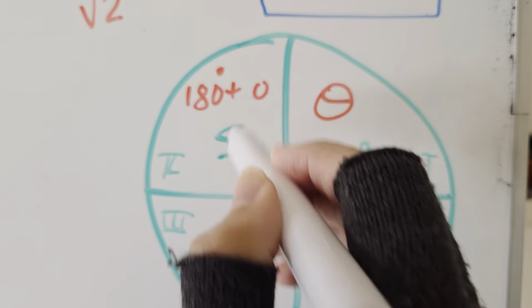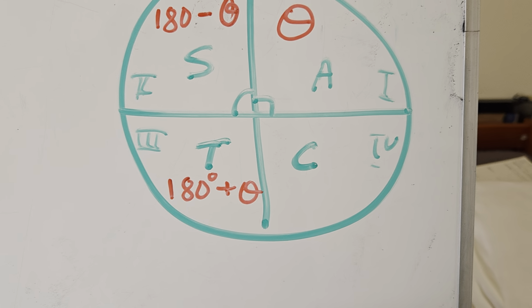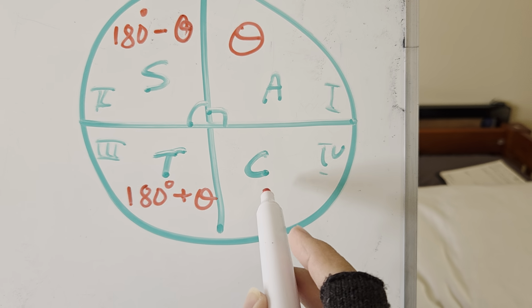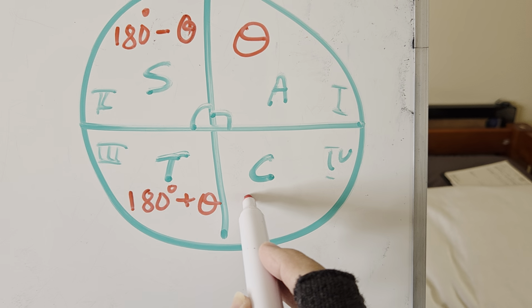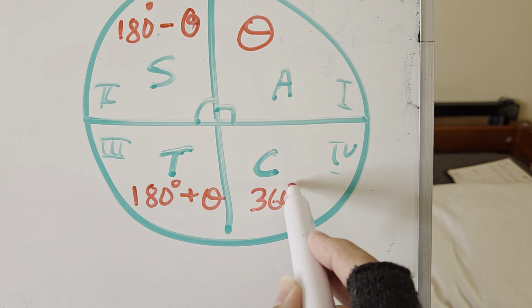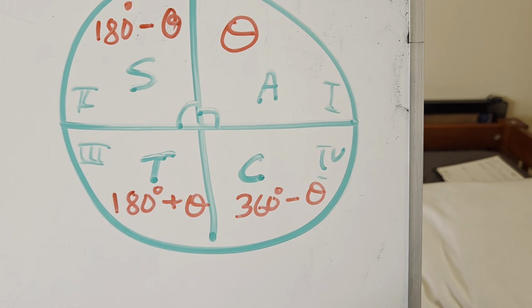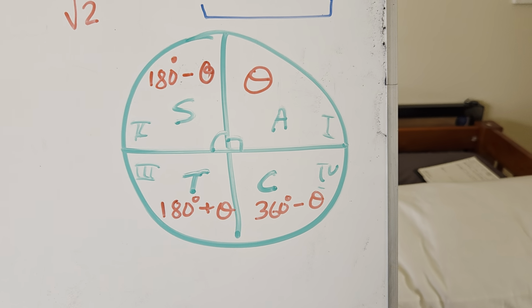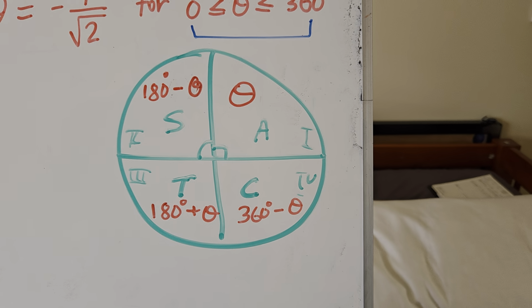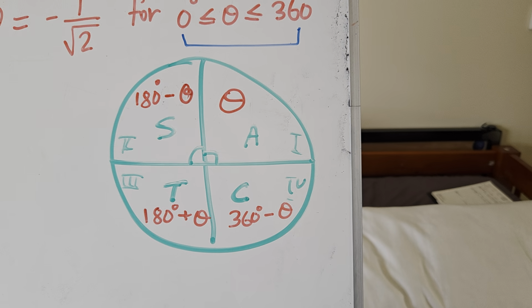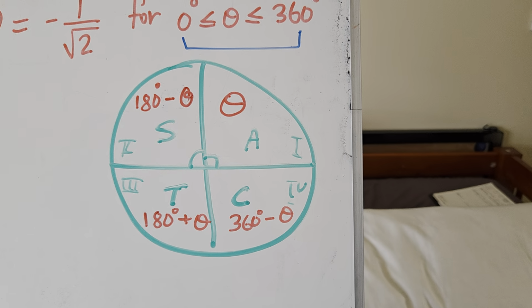The third quadrant is 180 degrees plus theta. And the last quadrant is 360 degrees minus theta. So that's how the quadrant looks like. You must have learned it in the classroom during your math lessons.